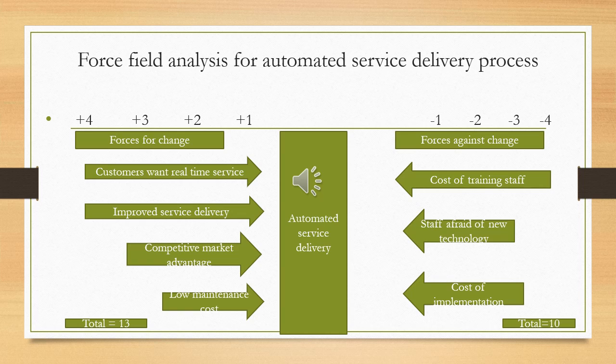However, when we look at it, we see the importance of engaging in this automated service delivery. In order to go with this decision, the staff had to be trained to minimize their fear of technology. The staff had to be shown that change was necessary for the business survival and to put the business at a competitive advantage.